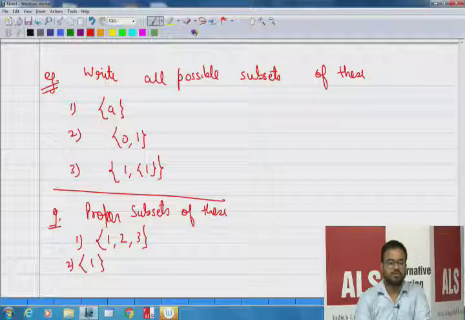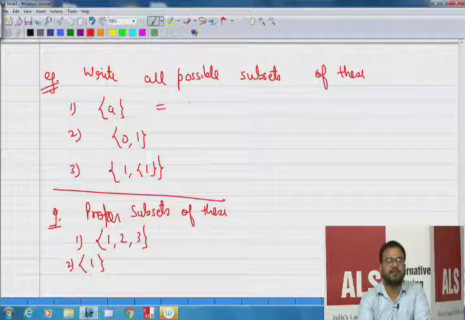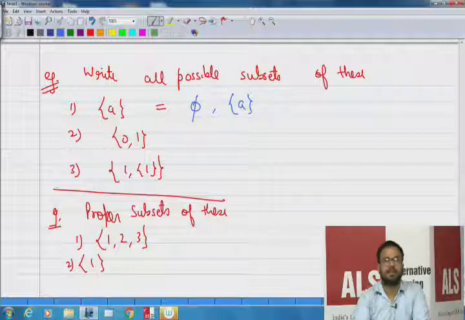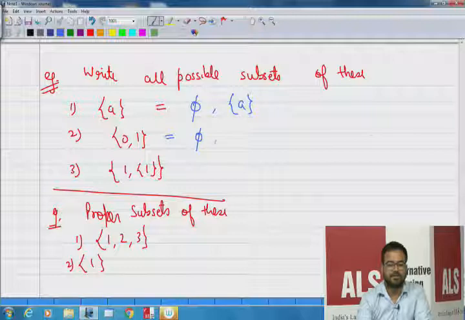Okay, so subset. So first of all, only one element is there. So you know phi is a subset of every set and this element itself, right? And since one element is there, the number of subsets is 2 power 1, which is 2. For this one, phi तो रहेगा.